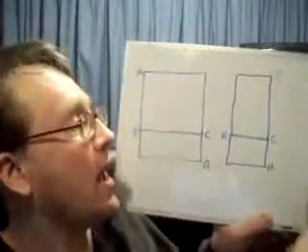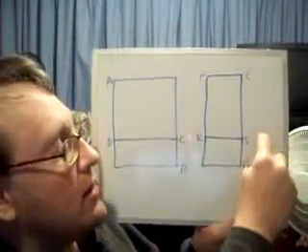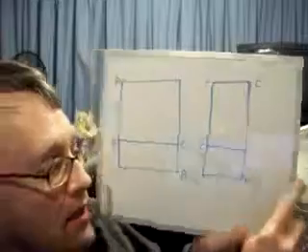And as EG is to GH, so is the square on EG to the rectangle EG by GH. So what they're saying here is, as the length of EG is to the length of GH, that's half of a ratio, so is the square on EG.